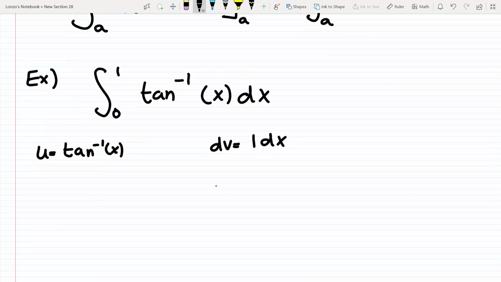Then you take du dx. What's the derivative of tan inverse of x? That's a special one. It is 1 over 1 plus x squared. Then we have to get du by itself, so I'm going to multiply both sides by dx.